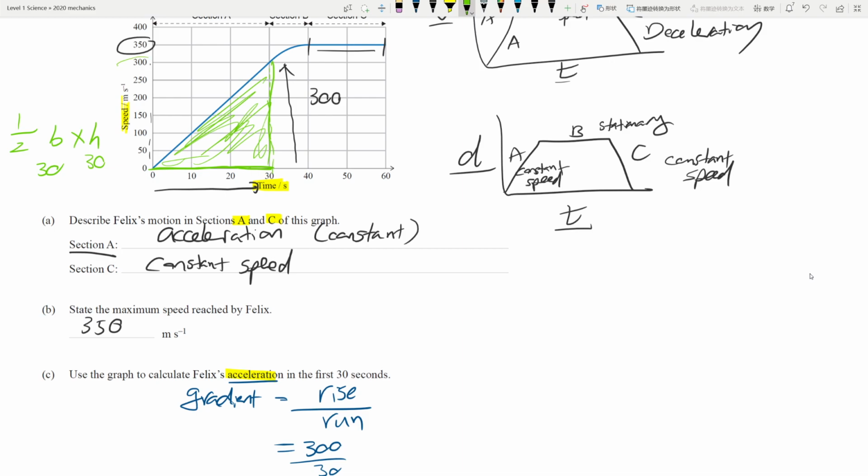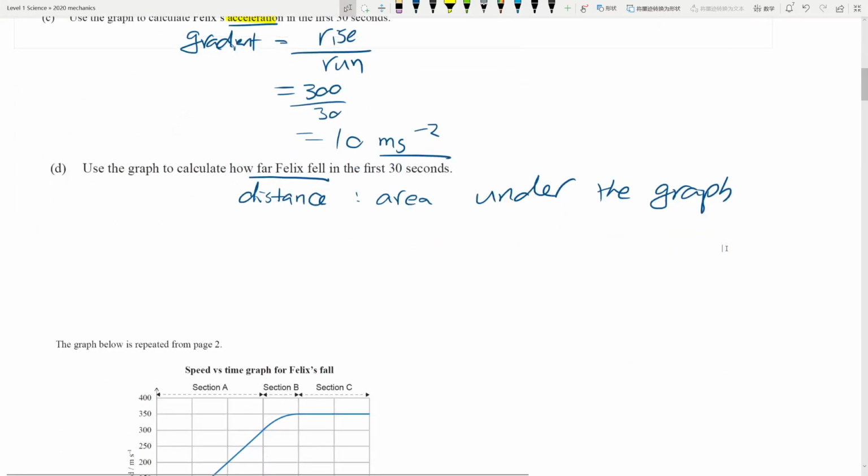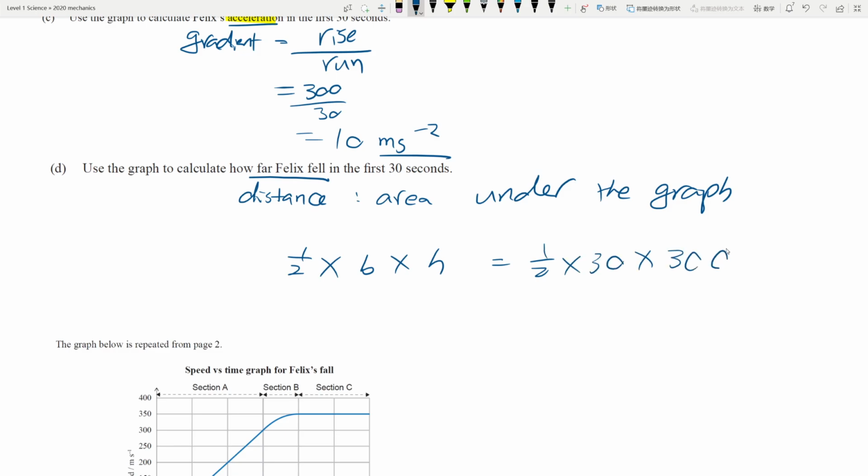It's all on the scale, you can just look it up. So it's going to be half times base times height, which is half times 30 times 300, which is going to be 4,500 meters.